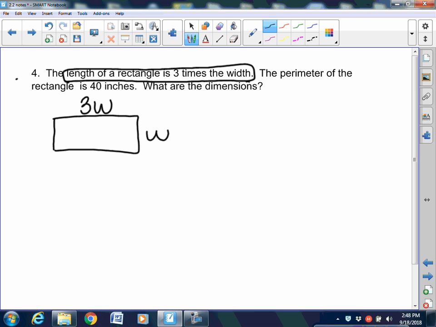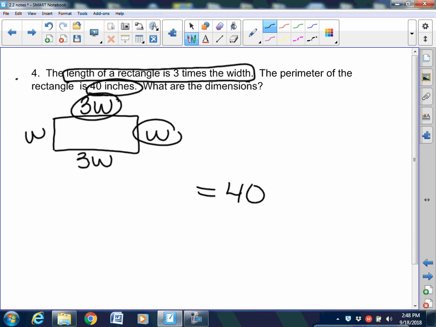The perimeter of the rectangle is 40 inches, so we know that's 40 inches. Perimeter is just adding these two up, which is 4W. Is that how you find the perimeter of a rectangle? What do we do? All the sides, right? So isn't there two lengths? Isn't there two widths? So 6W's plus 1W, 7W plus another W makes 8W's. So doesn't W equal 5 inches for the width?